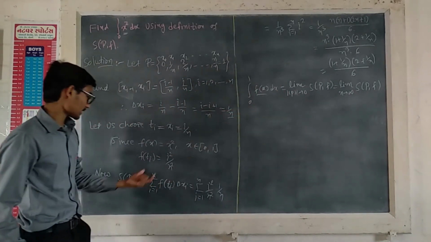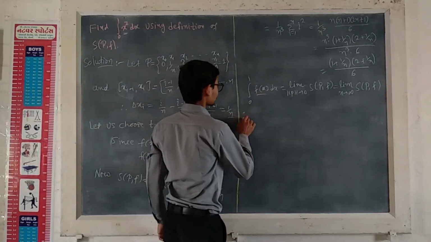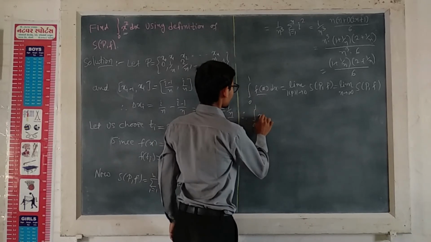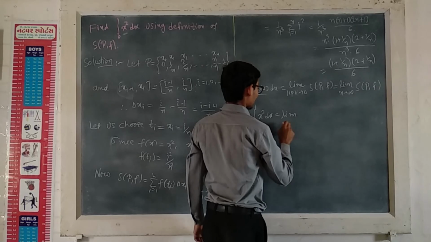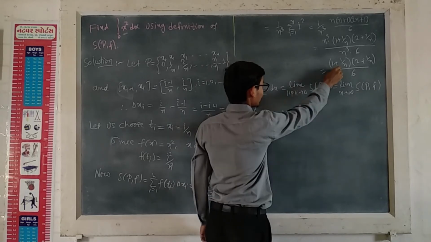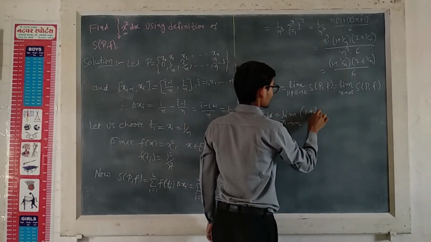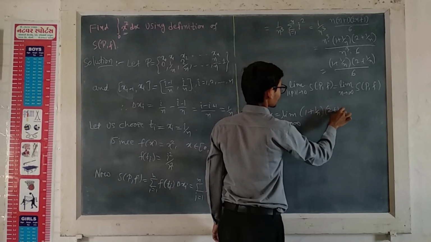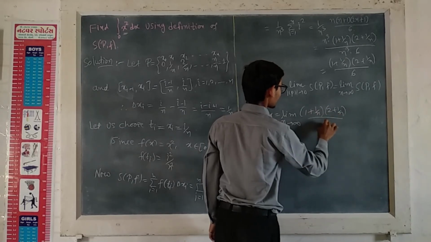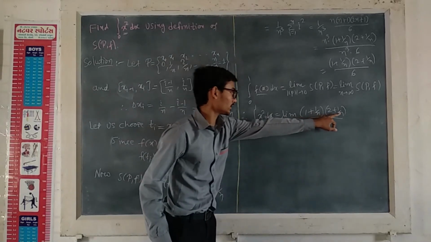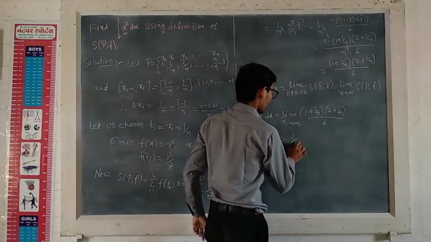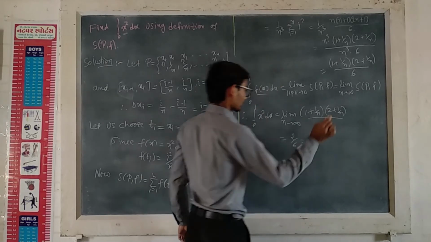We can write limit n tending to infinity of SPF. Put the value of f of x, which is x square. Therefore integral over 0 to 1 x square dx is equal to limit n tending to infinity of 1 plus 1 upon n, 2 plus 1 upon n, divided by 6. That means this term is 0 and this term is 0, so above it is 2 by 6, which is equal to 1 upon 3.